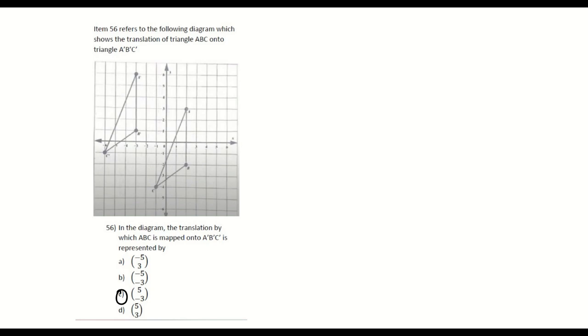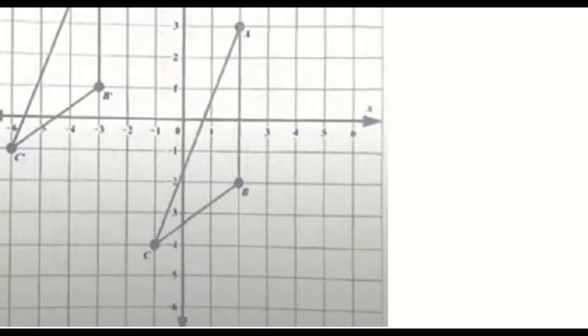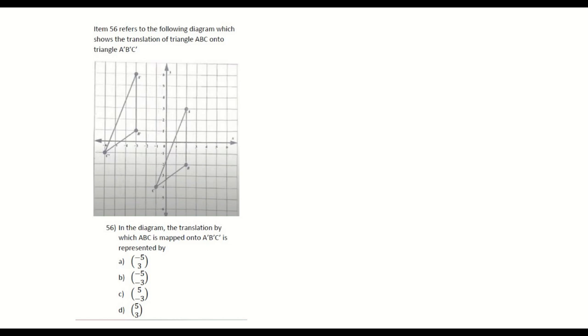Right? If it was going up, hold on, no. This here is your object, and this here is your image, if I'm not mistaken. Let's just zoom up to make sure. Yes. So what we have to do, same concept.